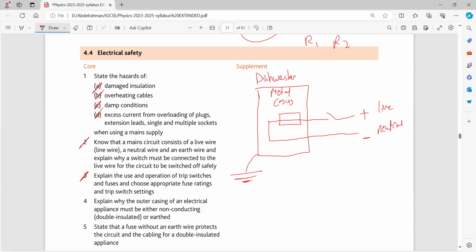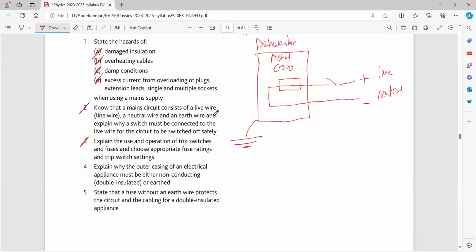Explain why the outer casing of an electrical appliance must be either non-conducting or earthed. If it's earthed, we know why: to protect the users from any electric shock. If it is non-conducting, then it will not conduct any current.